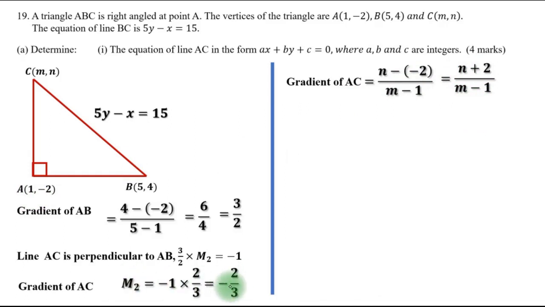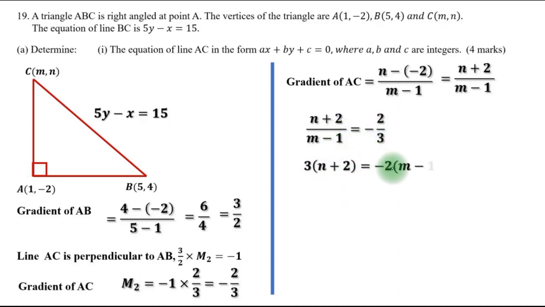But the gradient of AC is equal to minus 2 over 3, so we equate this to minus 2 over 3. That will be n plus 2 over m minus 1 will be equal to minus 2 over 3. Cross multiply, we have 3 multiplied by n plus 2 will be equal to minus 2 multiplied by m minus 1. Expand, we get 3n plus 6 will be equal to minus 2m plus 2. Minus 2 times minus 1 is plus 2. So rearrange it. We have 2m plus 3n plus 6 minus 2, which is 4, will be equal to 0.